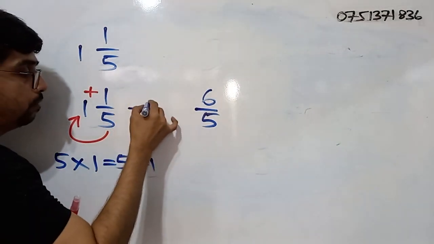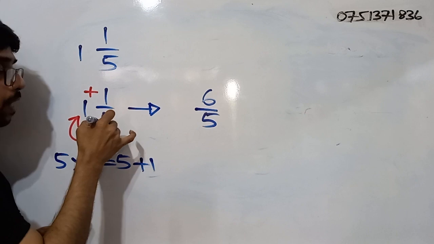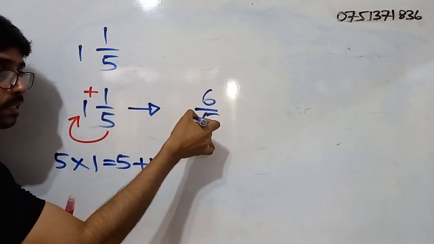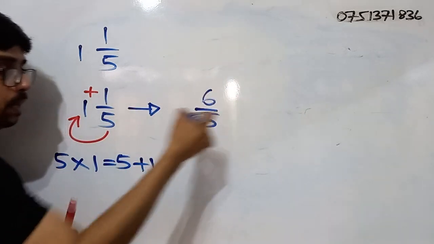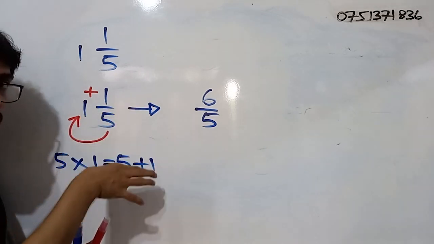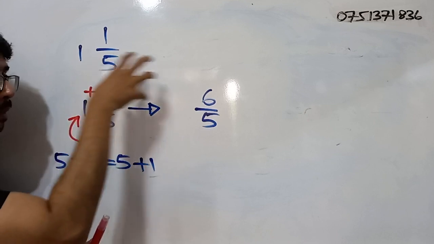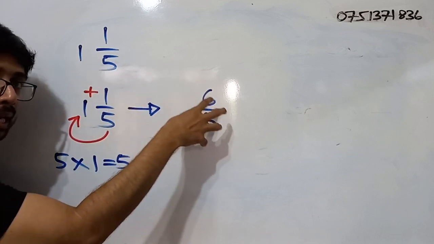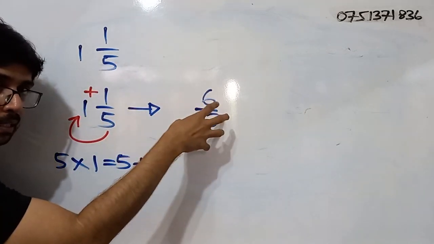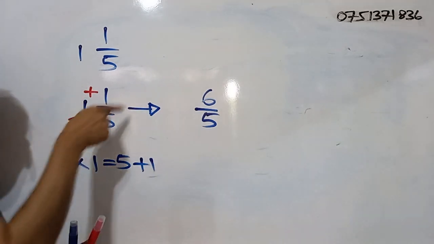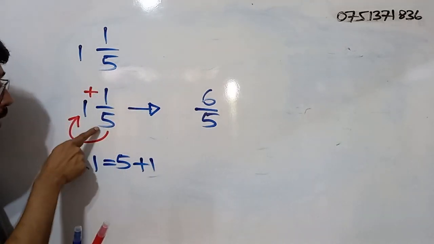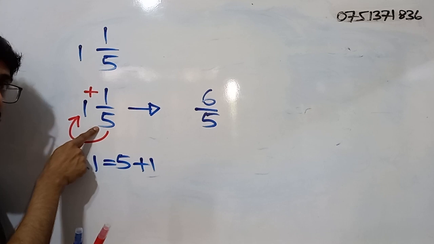So when we convert 1 and 1 by 5 into an improper fraction, we get 6 by 5. We will just go through once again. We have to convert this mixed number and come up with the correct improper fraction. When we observe this mixed number, we can see the denominator is 5.